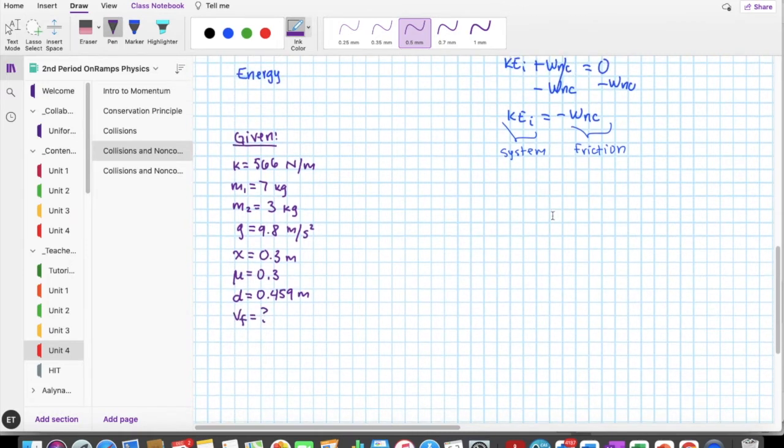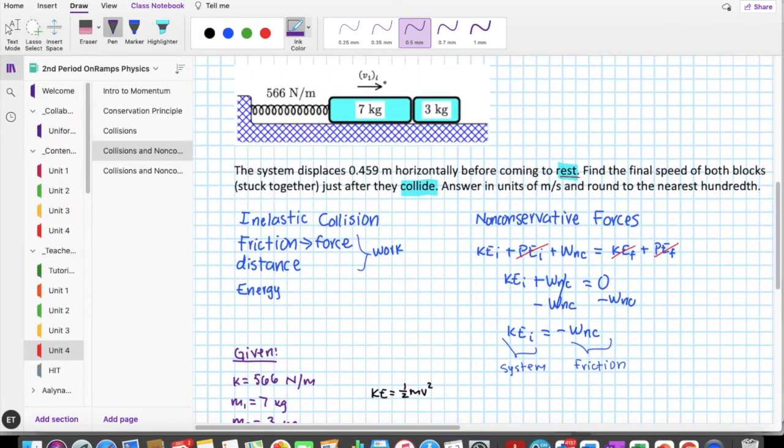Okay. So now let's start with the math, right? We know this is the equation that we need, the kinetic energy for the system. The traditional equation for kinetic energy is kinetic energy equals 1/2 mass times velocity squared. In this case, we have more than one mass, right? The system has two masses.